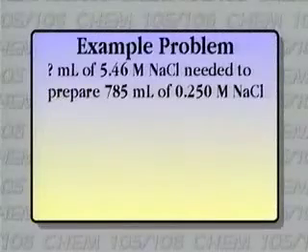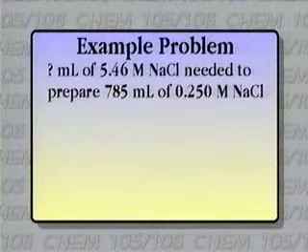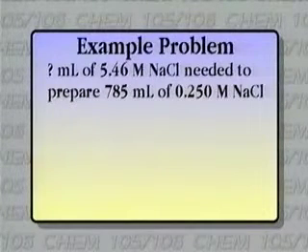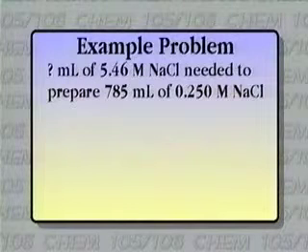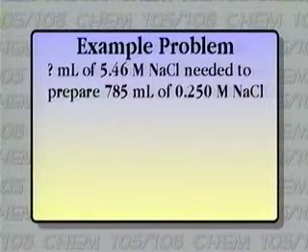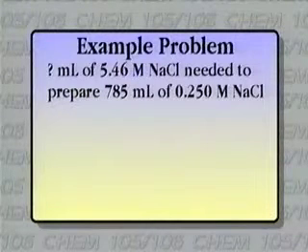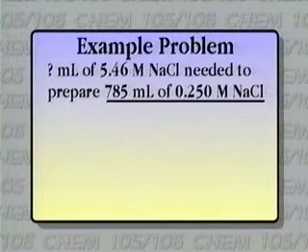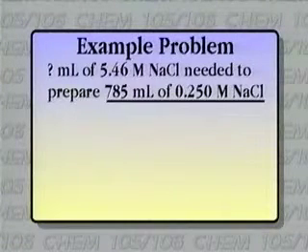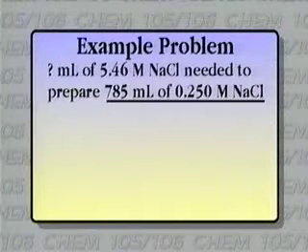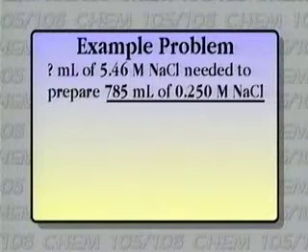Well, let's look at another example here. This particular one asks the question, how many milliliters of this more concentrated solution, the 5.46 molar sodium chloride, how many milliliters of that solution would I need to take to prepare 785 milliliters of 0.250 molar sodium chloride?